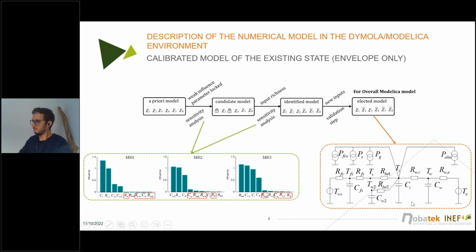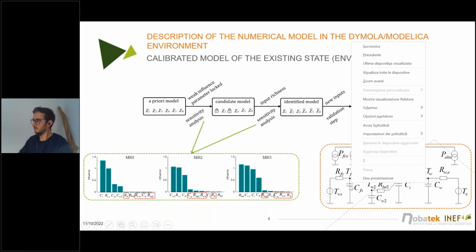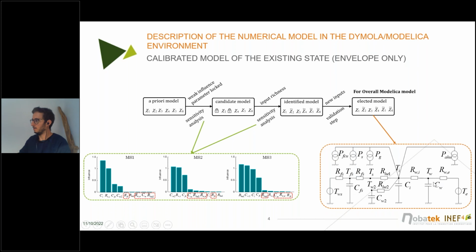So the model, as I mentioned, is this one. It's based on an electrical analogy, so it's quite simple. Only 4 capacities: 1 for the air, 1 for the floor heating, 1 for the external wall, this one, and 1 for the inner wall.